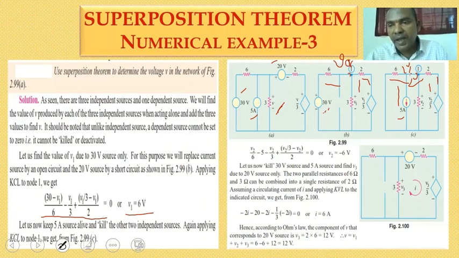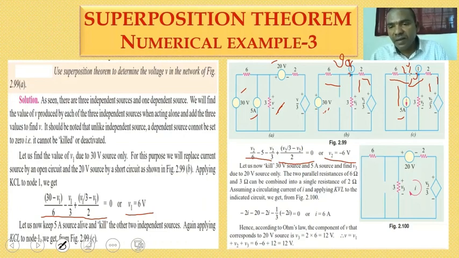The second one is minus 5. The third one is V2 by 3. And the final one is (V2 minus V2 by 3) divided by 2. From that, here also only V2 is the unknown value, so V2 is equal to minus 6.